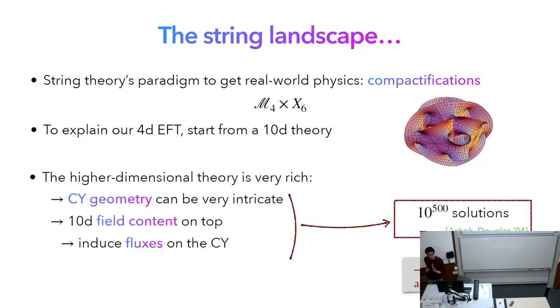But since the higher-dimensional theory is very rich, for example, the geometry of the hidden dimensions, the Calabi-Yau geometry, can be very intricate. On top of that, there can be very different field content, which induces different amounts of fluxes. So in the end, it gives at least 10 to the 500 solutions. And the idea is to say, well, the universe that we live in is probably one of those that we can construct in this setup.